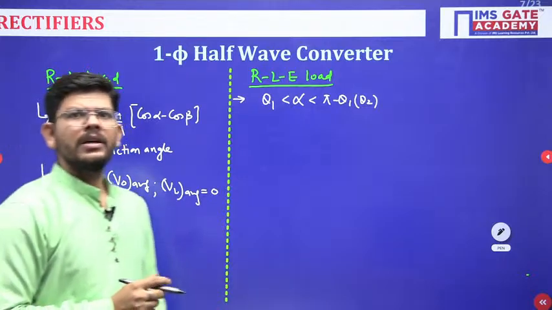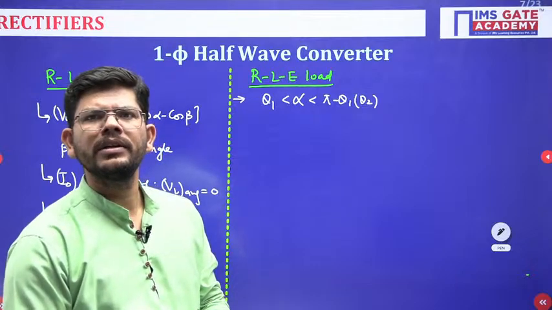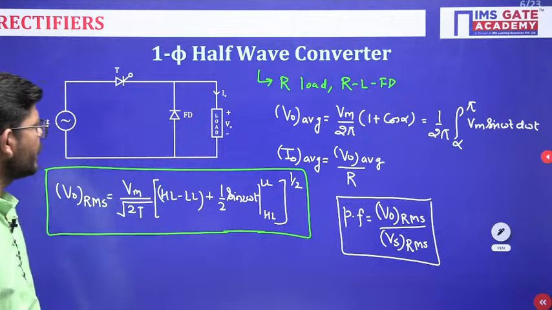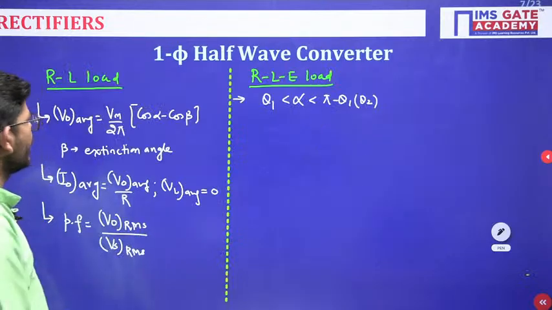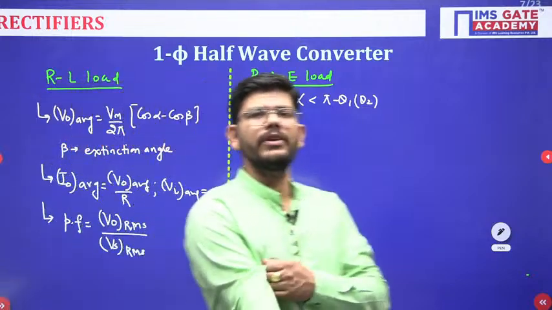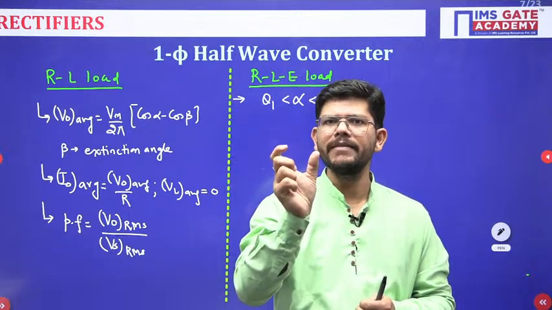A student asks: beta will come when the freewheeling diode is not present? Yes, of course, because why are we using a freewheeling diode? Because of that negative spike that we are getting.